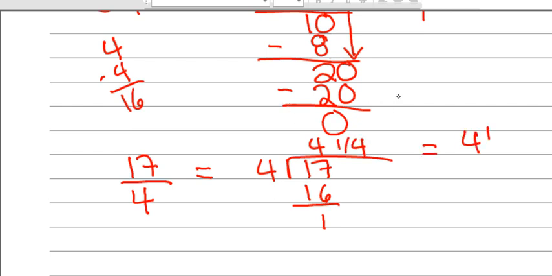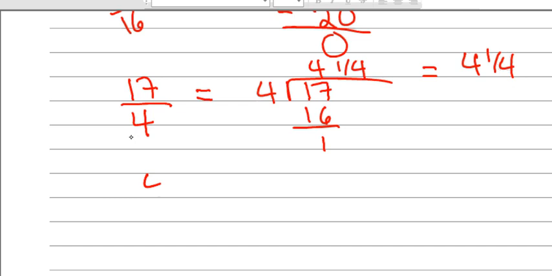So we have 4 1/4, and then if you know that 4 1/4, what's a quarter in money? 25 cents. So if that's easier for you, try that. And that will work with mixed numbers for you.